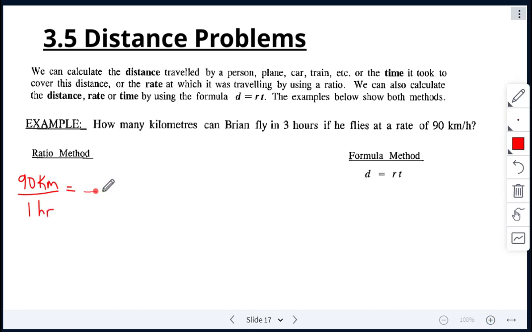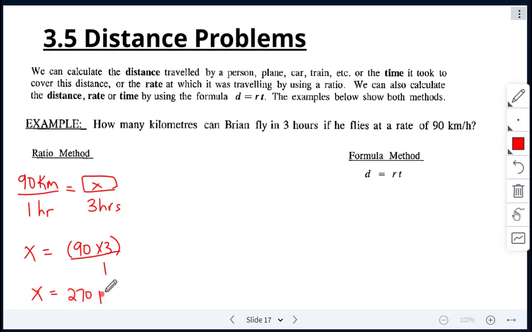And then how many kilometers, so that's what we're solving for, can he fly in 3 hours? All right, so we're solving for the x here. So you can again use cross multiplication. So 90 times 3 and divide it by the 1. All right, so that gives me 270 kilometers.